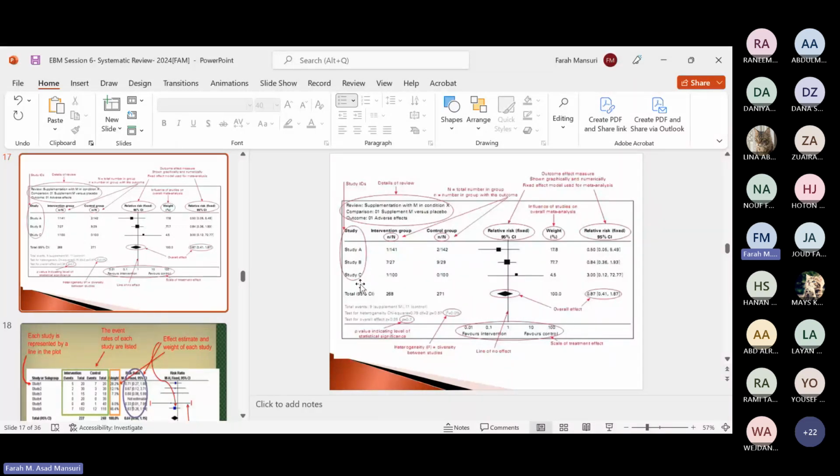Here 3 studies are selected, and in the title the details of the review are given: supplementation with M in the condition comparison, supplementation M versus placebo, and the outcome is adverse effects.